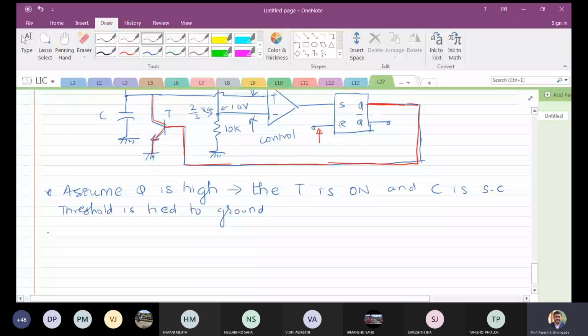If you reset a flip-flop, what will happen? It becomes low. So the transistor is now off. So what is going to happen? Now the capacitor is free to charge.